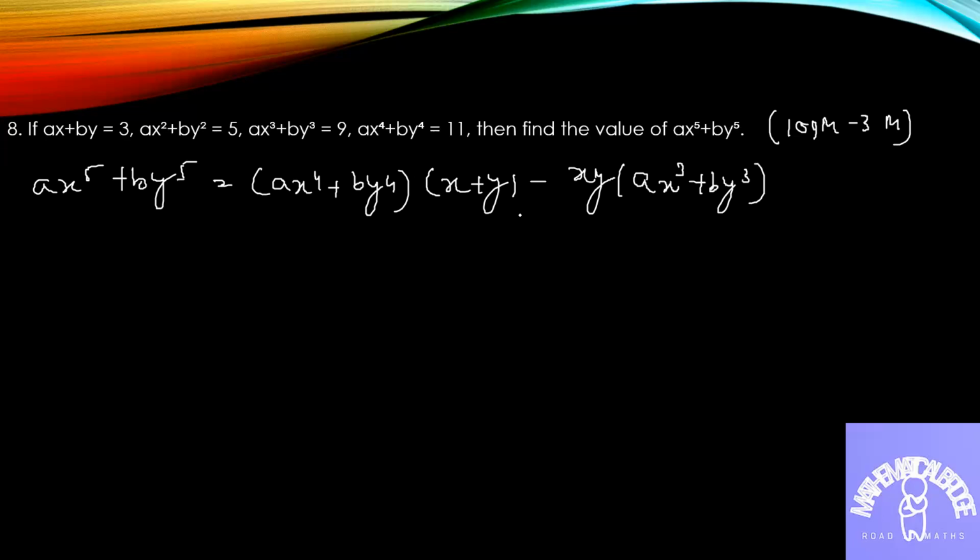Now similarly, this can be rewritten. First of all, 11 times x plus y minus xy times 9. Suppose x plus y equal to p and xy equal to q. So it is 11p minus 9q. Okay, one minute, please wait.